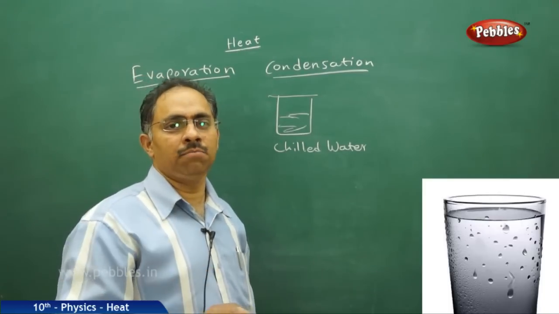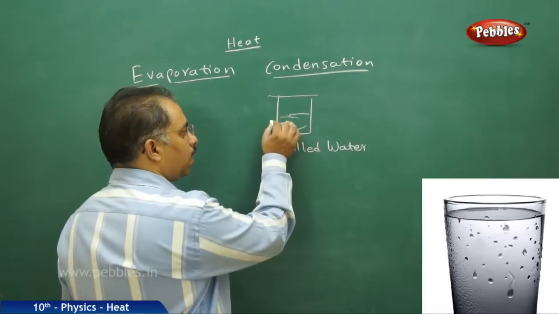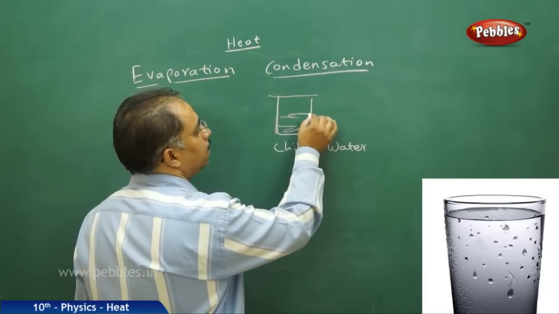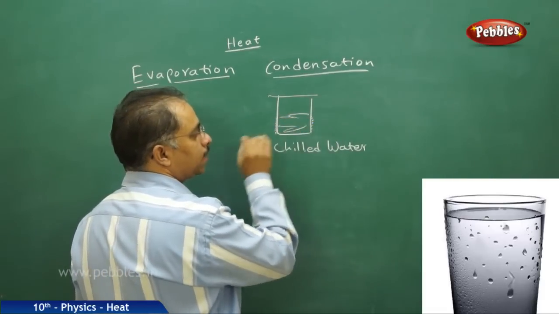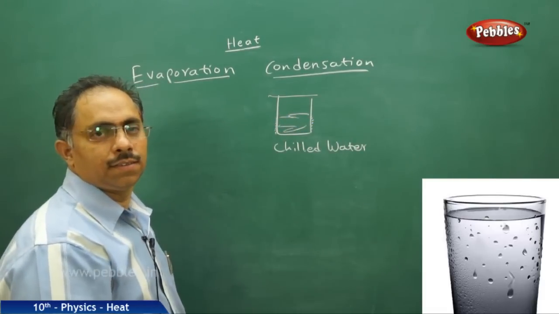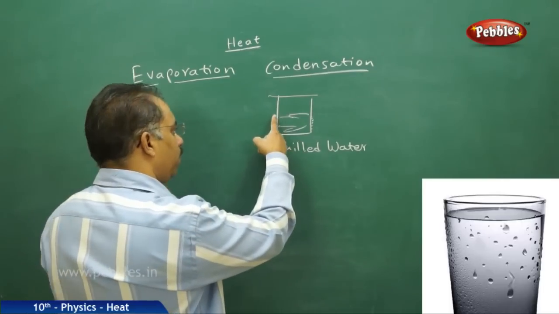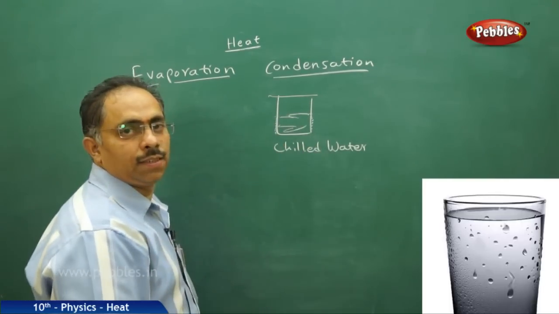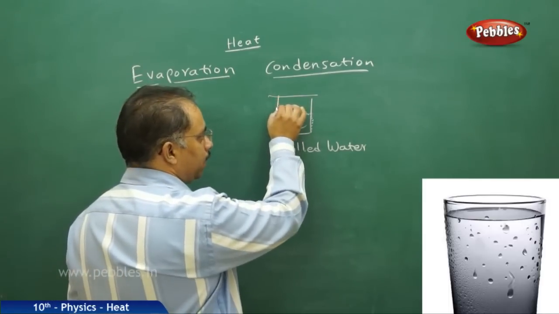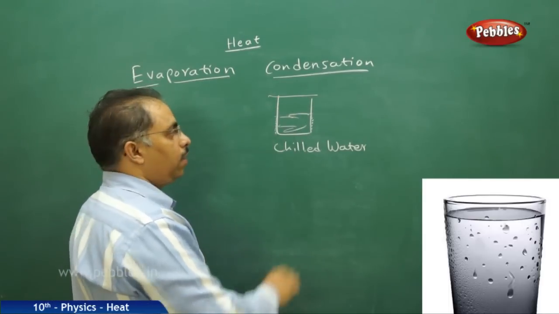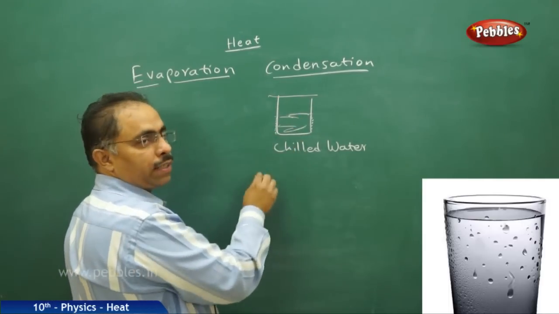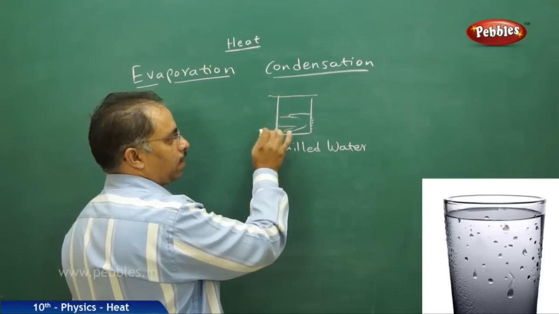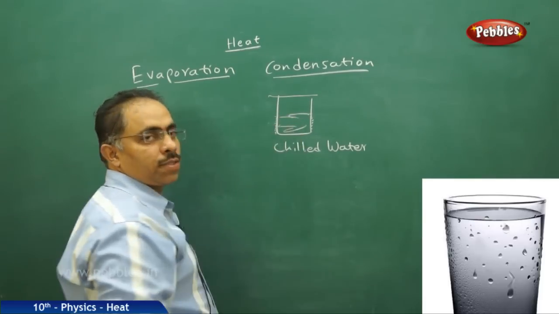After a certain time, you will observe that there are a few drops of water accumulated on its surroundings. These drops of water will be up to the level where you have poured the water, that's it. You will not observe these drops of water in this area. To what level you have poured the chilled water, surrounding this container you will have all these few drops.